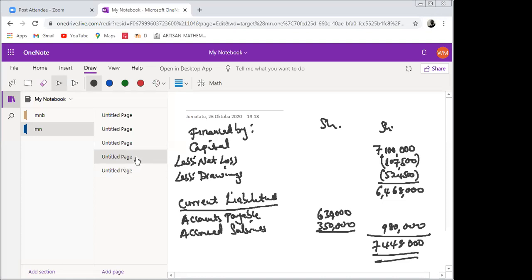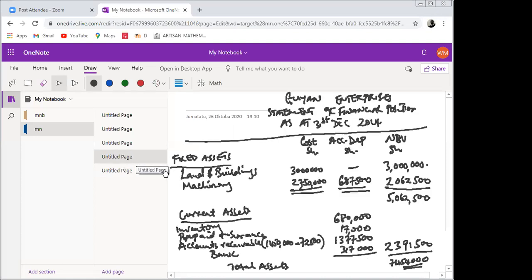And here we got 7,454,000. Then it simply means that either the question was not correctly set, or there is a mistake we have done there, but I can't see the mistake, or unless these figures that we are struggling to see are actually not giving us a true picture. But that is how we normally do it. Unless somebody has seen where we made a wrong addition or a wrong subtraction.